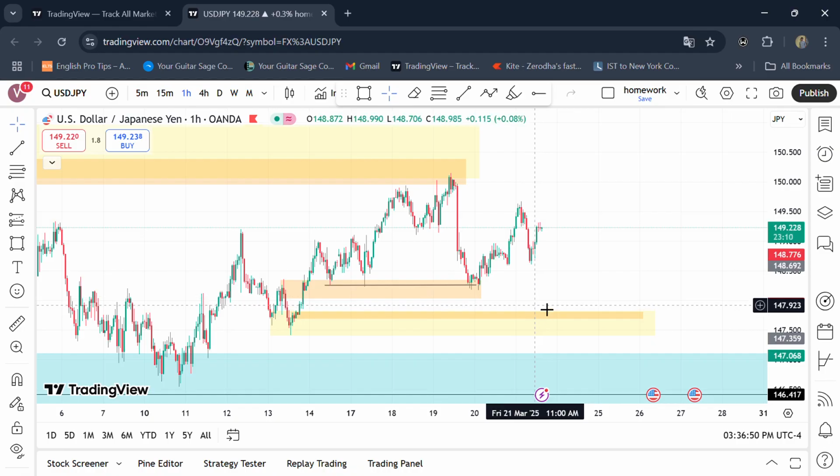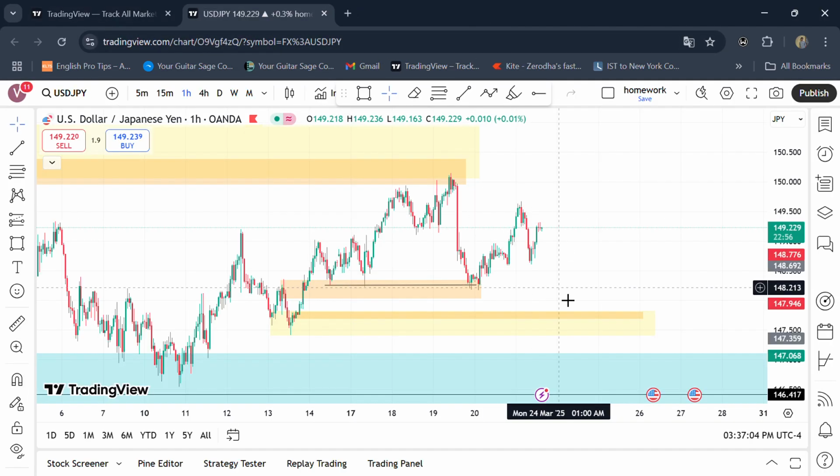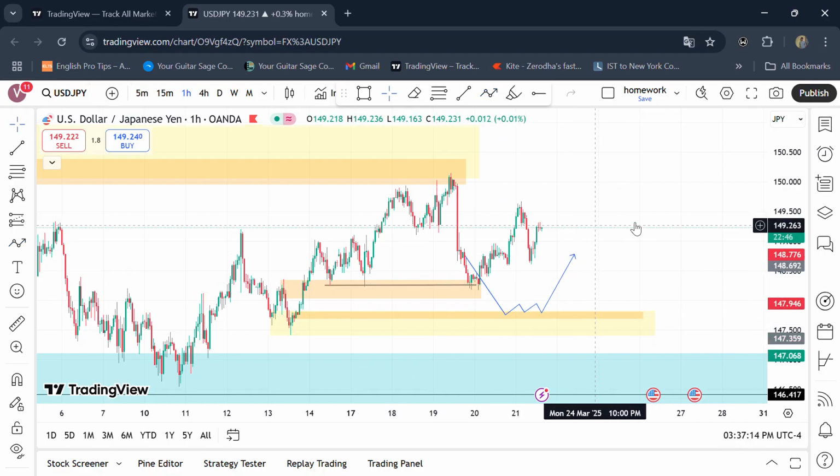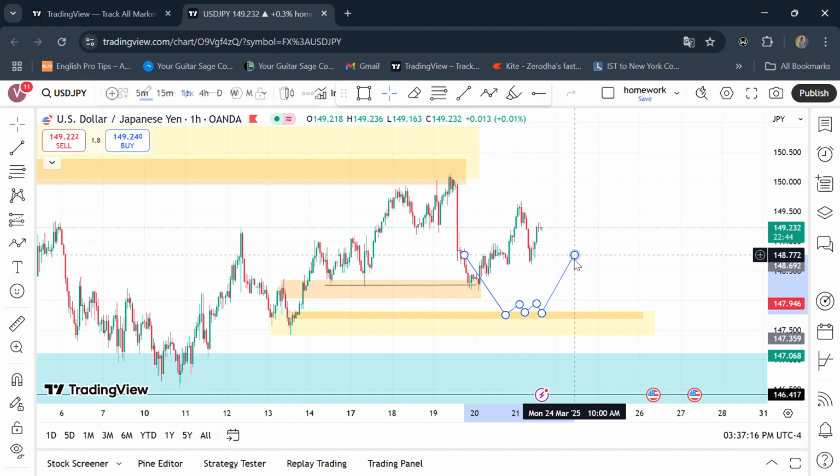So our idea was to see if this order block gets respected and then the price moves up, then we can say that okay, it is going in an uptrend. If the price would have come here and taken a support here and then went up, we could have said okay, price is going to go up.